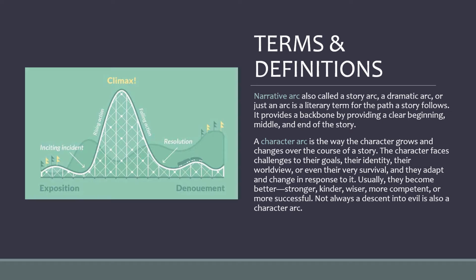It's going to start low, move up, descend. As far as terms and definitions, I've given you a definition of narrative arc as well as a character arc. So, of course, you can pause this. I don't feel the need to read it because, of course, you can read it.